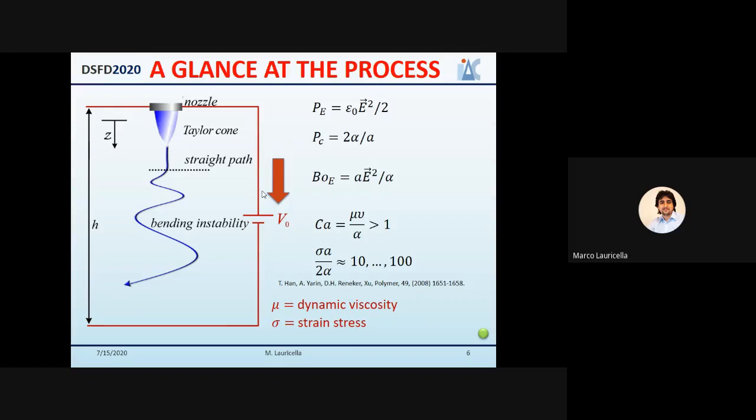Moreover, we have to consider that the presence of the polymers in the solution usually provides high viscosity and high elastic modulus. As a consequence, we are in the presence of an intense longitudinal stress, here sigma. In practice, if we compare this with the capillary pressure, we can observe that the ratio usually spans from 10 up to 100.